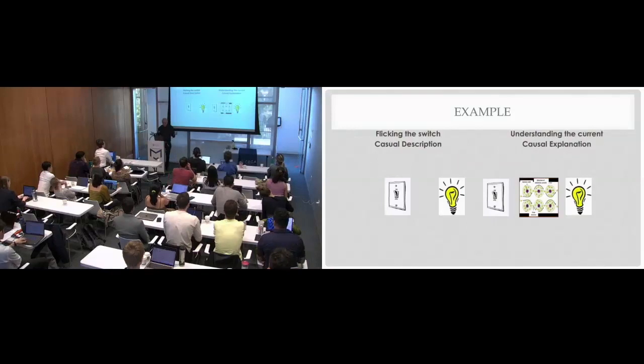So just to make this very concrete, causal description is you come to the light switch, flip it on, the light goes on, and you can describe the cause by the flipping on of the switch. You can do a randomized study where you assign people to come flip the switch and others to go into a room and bang the wall next to the switch.